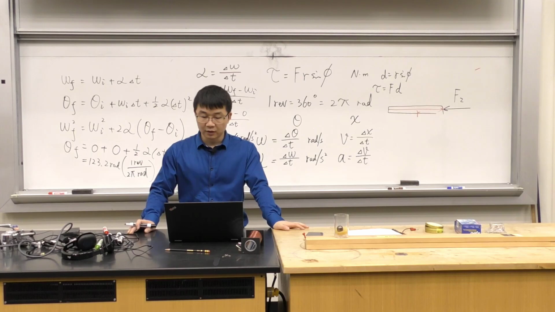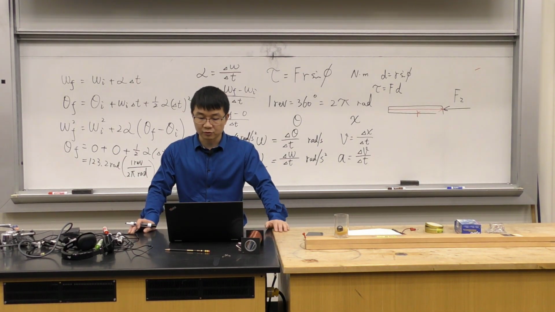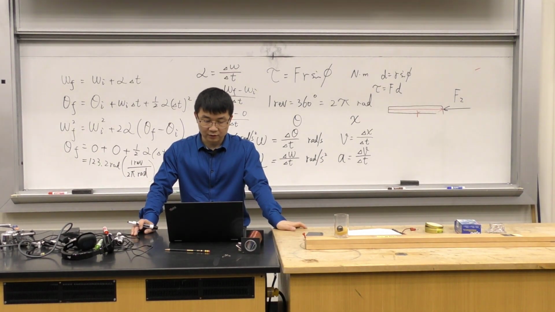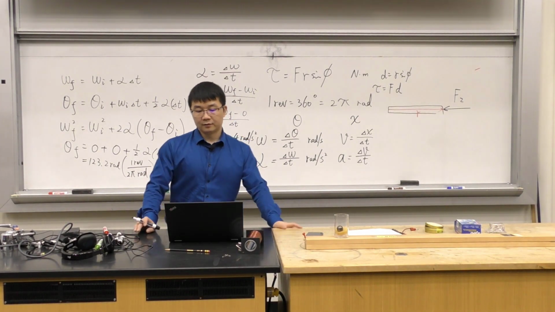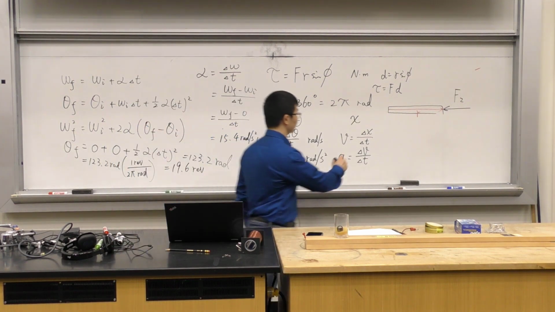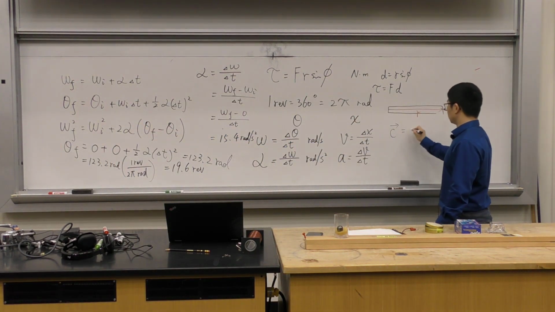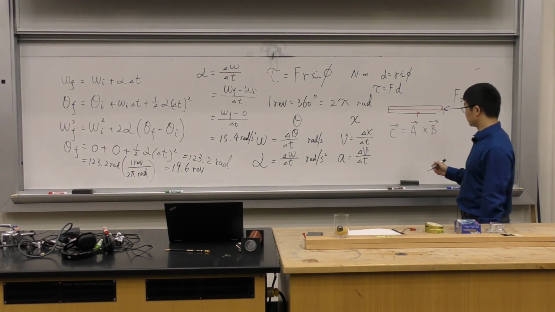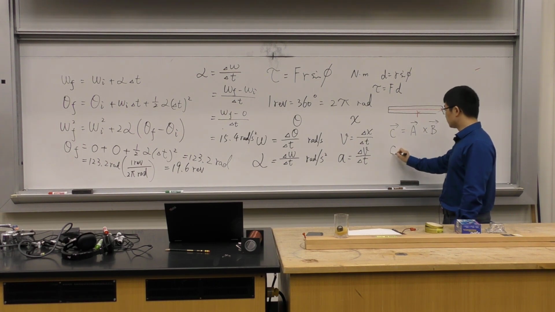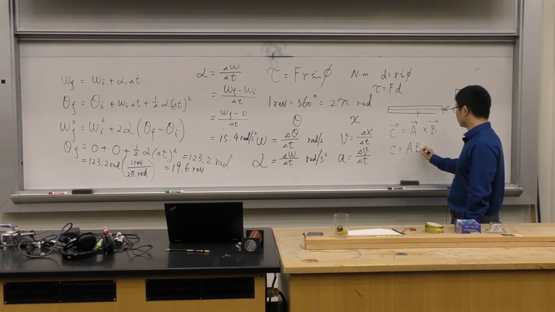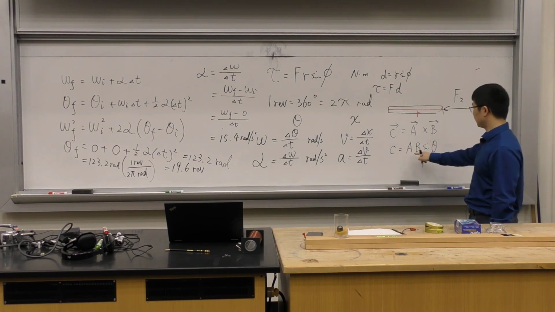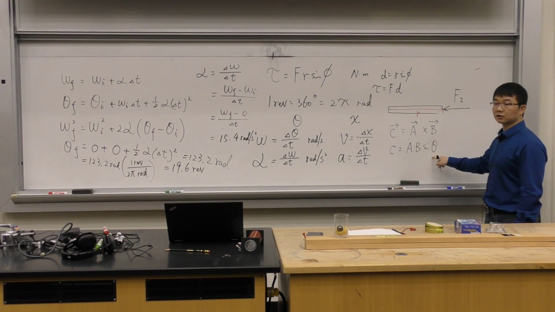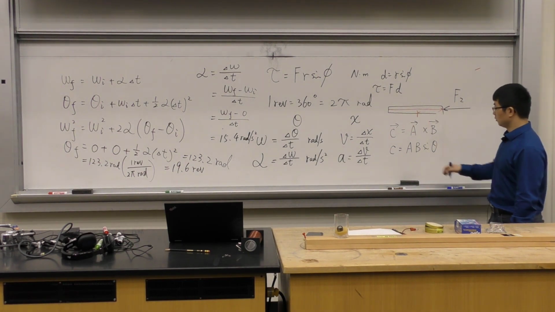If you still remember the definition of cross product, which is on slide 15: the cross product between two vectors, A and B, gives you another vector, with a magnitude which is the product of these three guys, the magnitude of A times the magnitude of B times sine theta, with theta being the angle between them. Well, let's use phi.